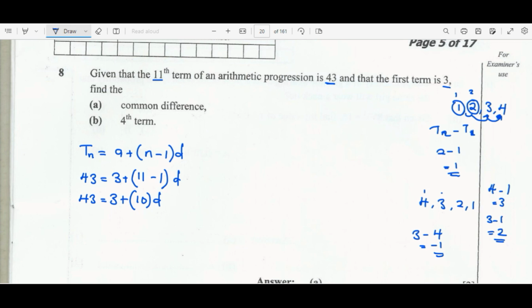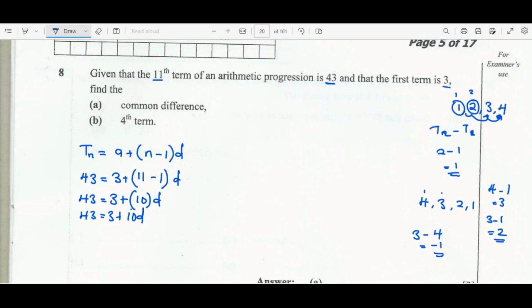Here we can't multiply 3 times 10 because we have a positive sign there. So we're going to only multiply what is in the bracket with d. So it will be 43 is equal to 3 plus 10d.